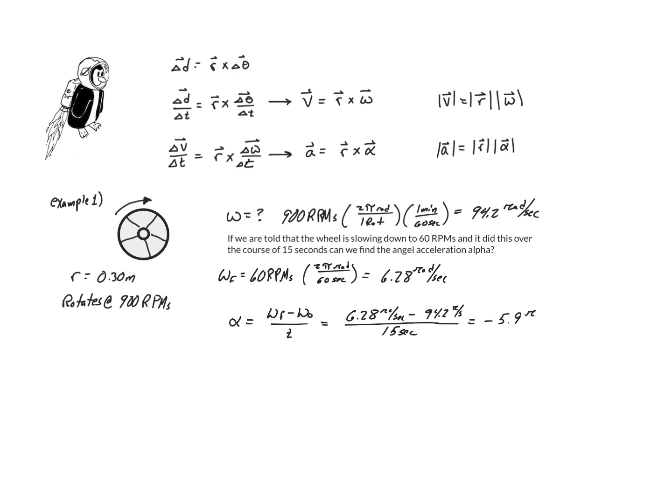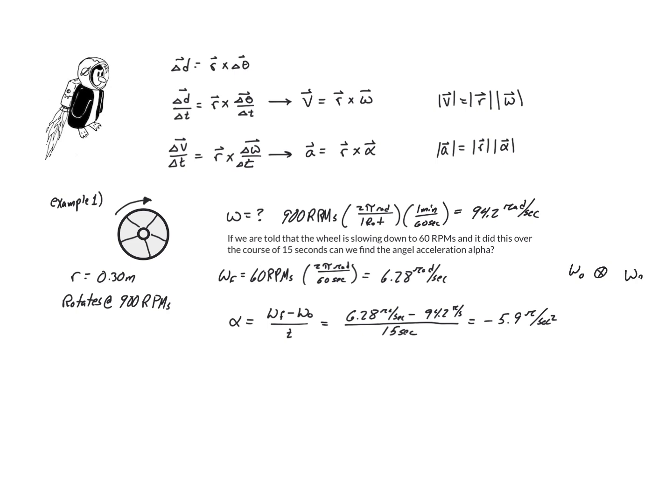Now, what does it mean to be negative? Well, keep in mind, using your right-hand rule, you curl your fingers in the direction of the rotation. Your thumb points into the page, which means that our omega naught is into the page. Now, it didn't completely turn around, so it just slowed down.